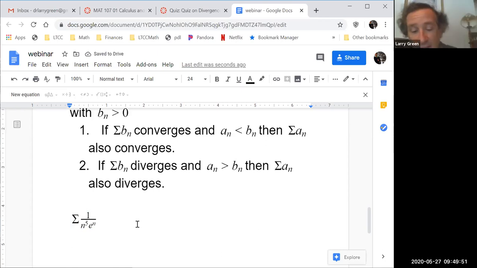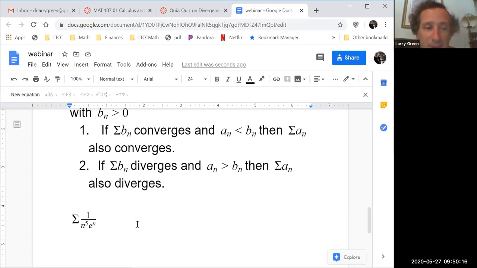And I'm not going to write down the question, I'll say it though. Does this converge or diverge? So any guess on what test we can use?